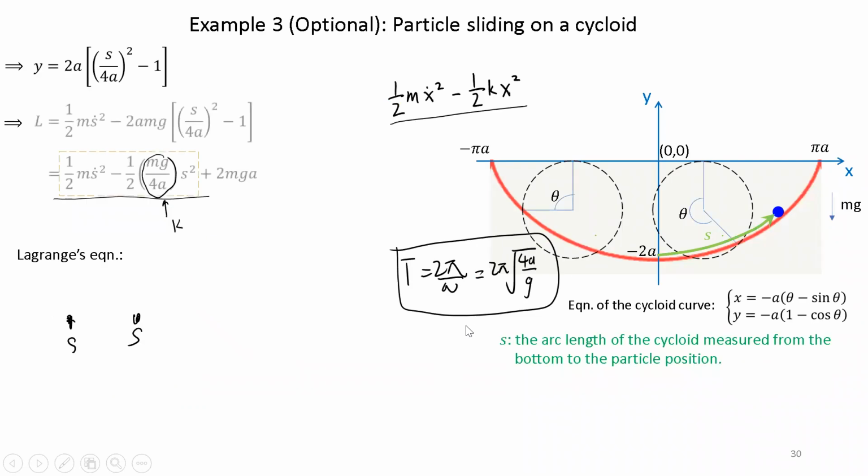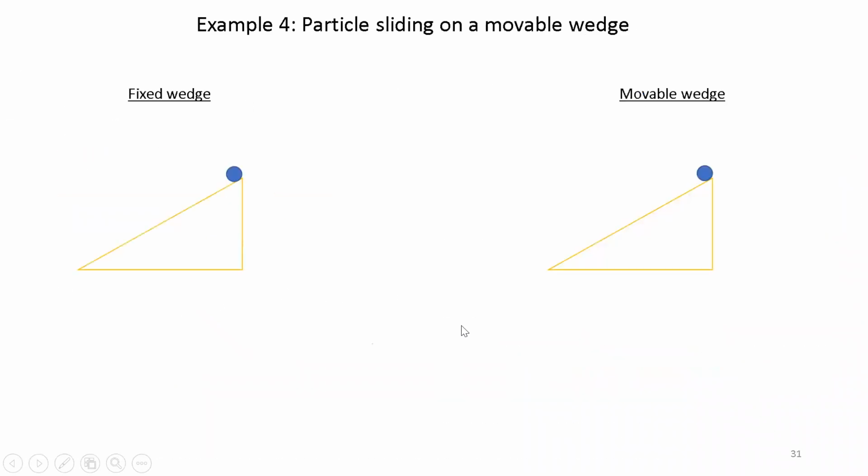Okay, so next example. This is also something new to you. You have definitely seen this fixed inclined plane problem or fixed wedge a lot of times, but this time we are going to allow this wedge to be movable.